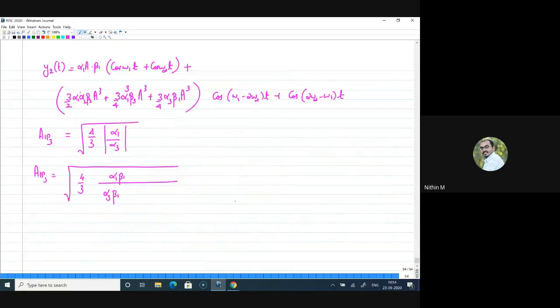We have to arrive at the same value. So if I do this, will I arrive at the same value? Okay, anyway, now for simplicity, I'll write it as alpha 1 beta 1 into a, and here also I'll just take out the a cube outside.